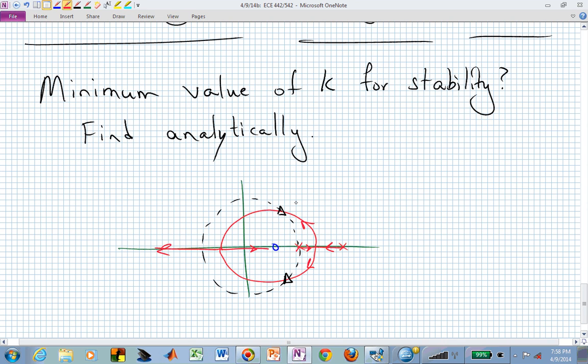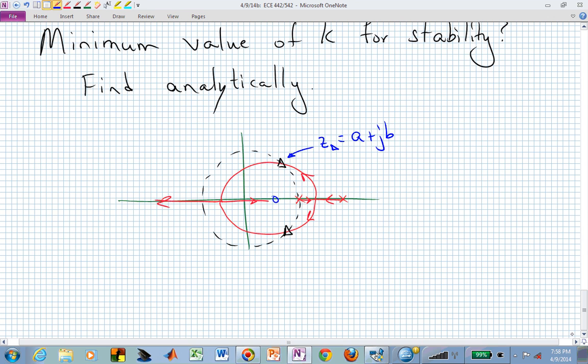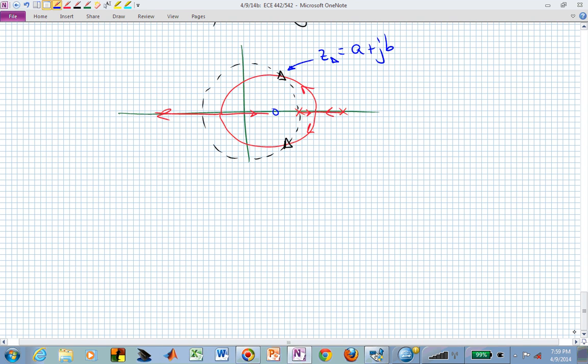Let me change the color so we don't get confused. Let's call this point Z triangle. It's going to have a real part of A and an imaginary part of B. What do we know about the relationships that exist for this system and this root locus pattern?